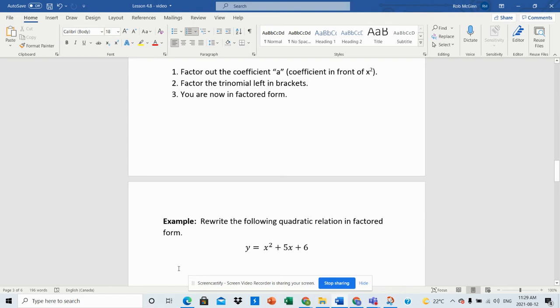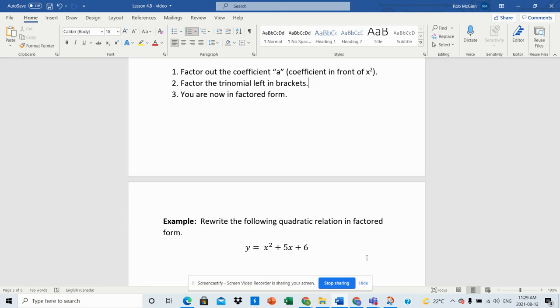So remember, when we're factoring our trinomial, and this is a simple trinomial, we want 2 numbers that multiply to 6 and add to 5. So just think about all the factors that you've got, all the numbers that can multiply to 6. We've got 1 times 6, and we've got 2 times 3.